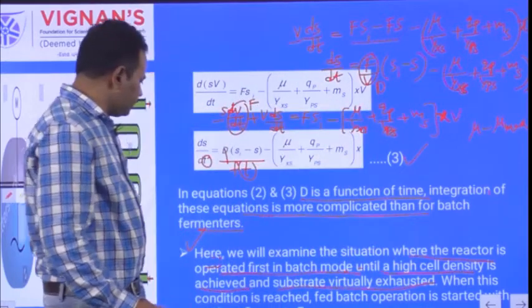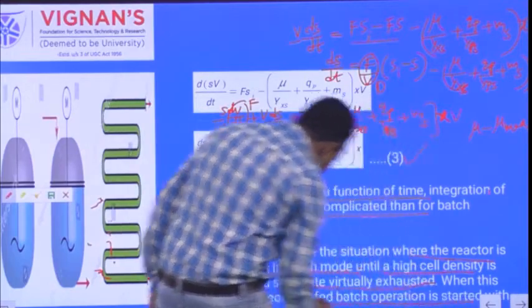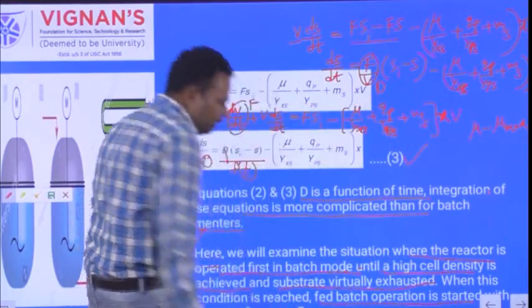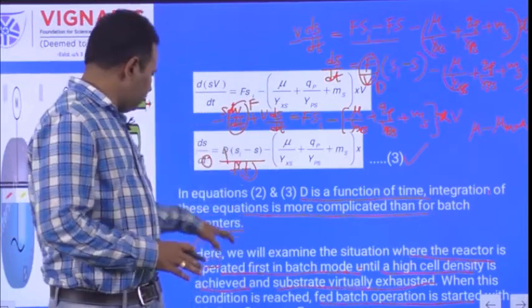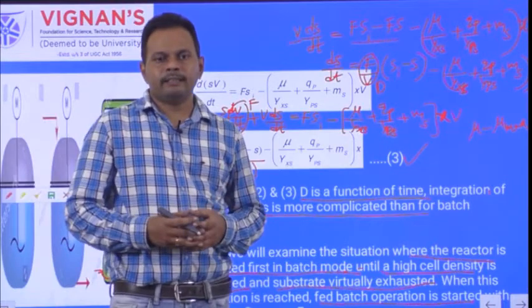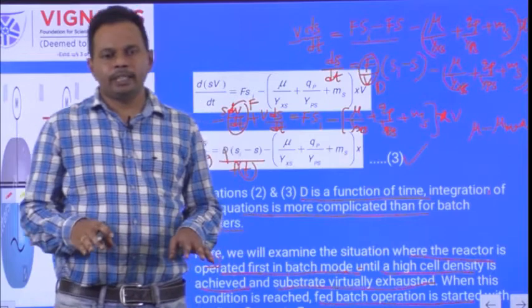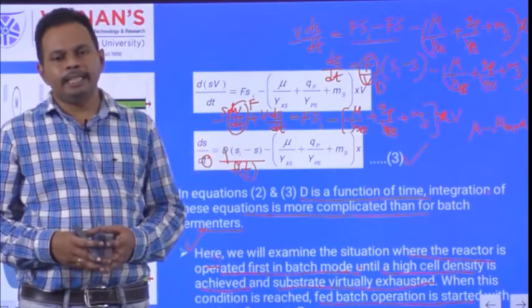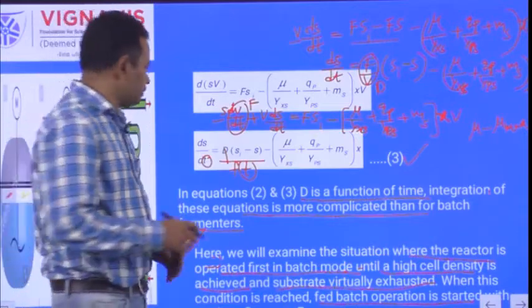When this condition is reached, fed batch operation is started with medium flow rate F. So when the cells reach a high cell density or significant value, all the initial substrate becomes exhausted. At this condition, start the fed batch operation with the medium feed flow rate. Then see what happens.